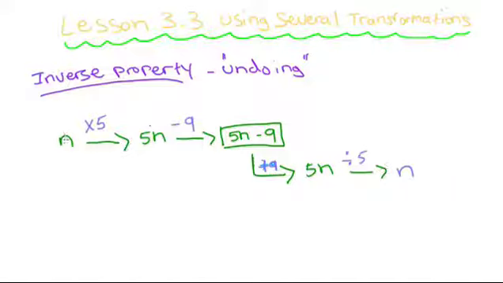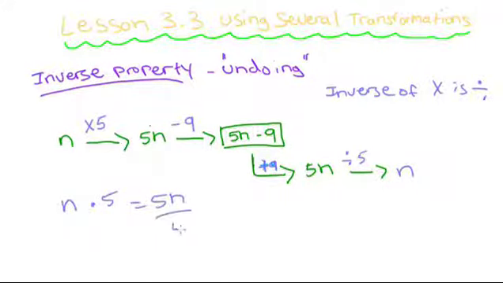So we started at n, we did a few operations, we did the inverse of these, and we got back to what we started with. The inverse of multiplication is division. If we multiply n by 5, we get 5n.